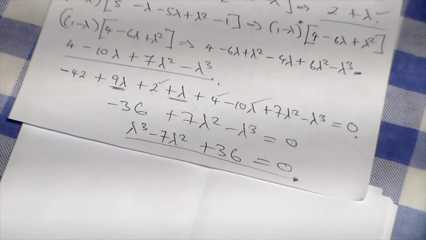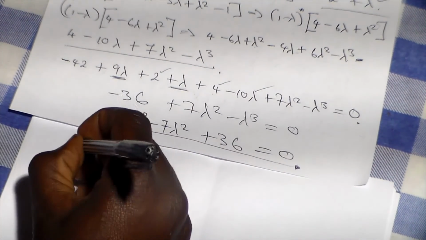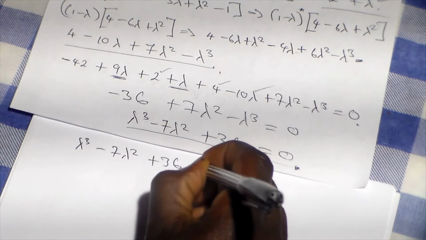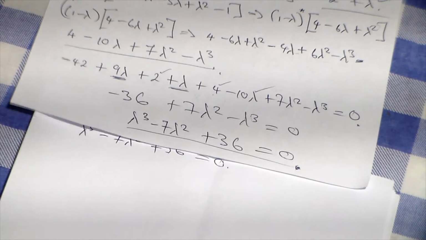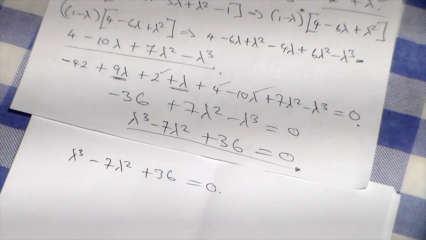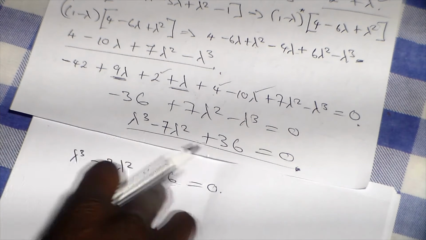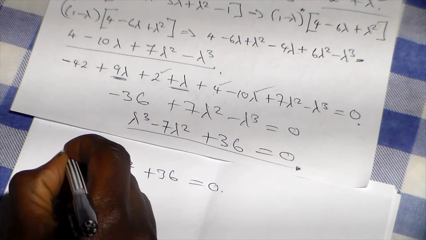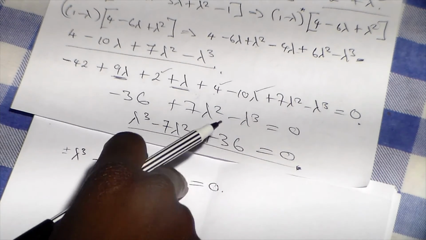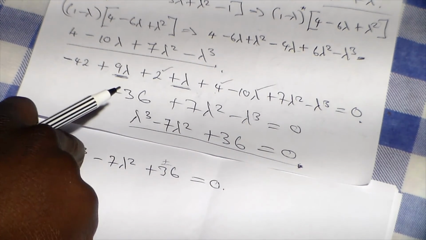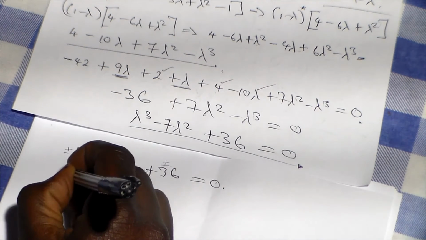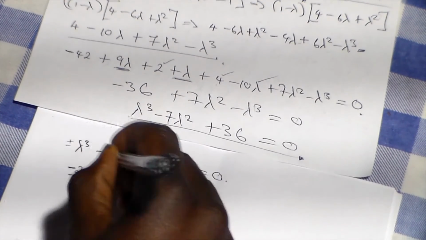When working this characteristic equation, what we have to do is to find the factors that if we put inside this bracket we will get a 0. So we'll try out the factors by taking note of the coefficients of 36 and the coefficient of lambda cubed. I will start by trying minus 2 inside the equation.